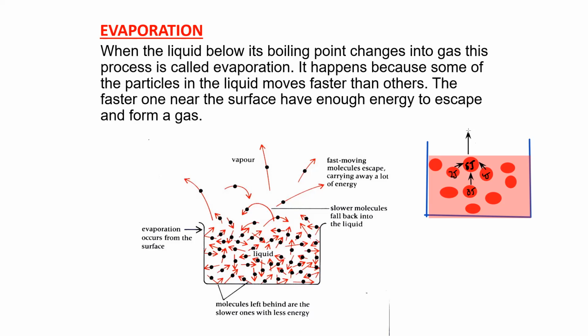So when this particle has sufficient energy, it will go out from the liquid surface, and when it leaves the liquid surface, the amount of liquid will decrease; evaporation occurs. And what happens to the particles left behind, the neighbors? Will their energy increase or decrease?